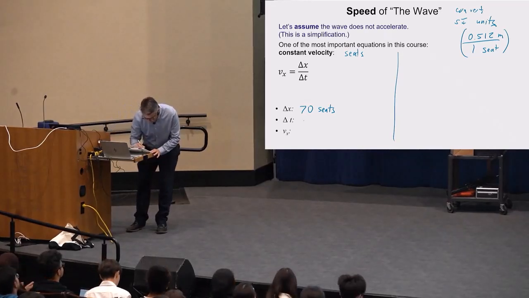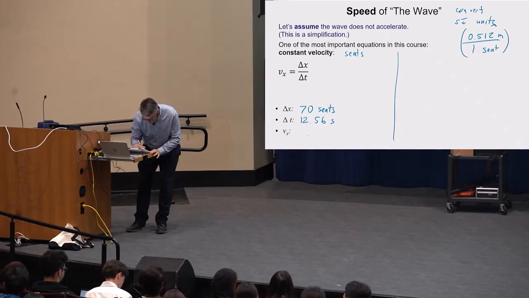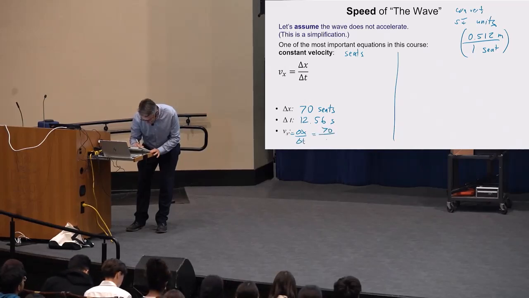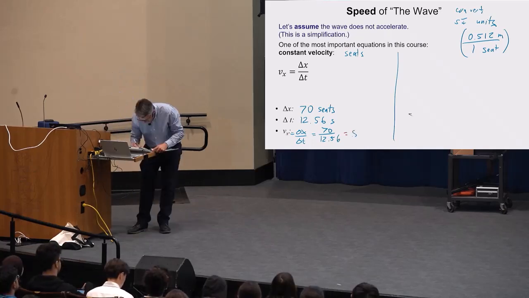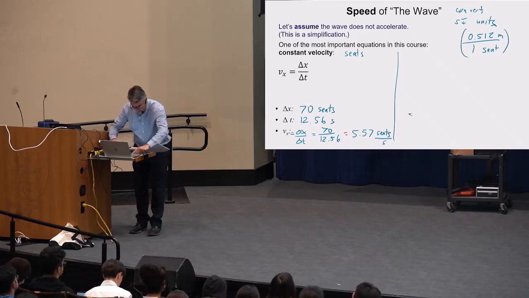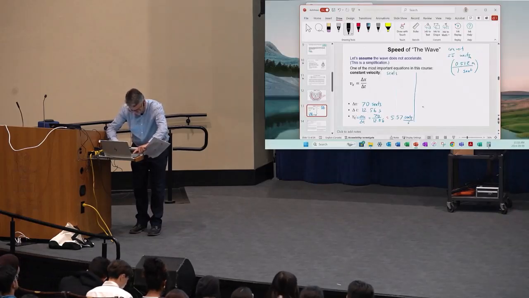So I got delta t is 12.56 seconds. The speed is delta x divided by delta t, which is 70 divided by 12.56, or 5.57 seats per second. Then we can convert that by multiplying by 0.512 to convert to meters per second.